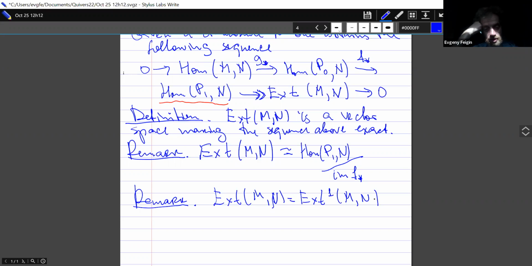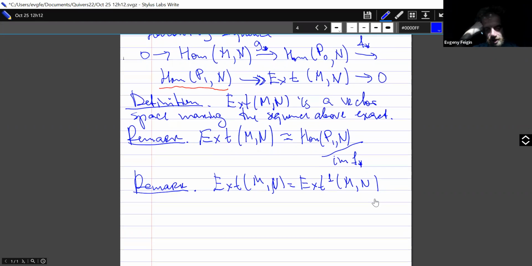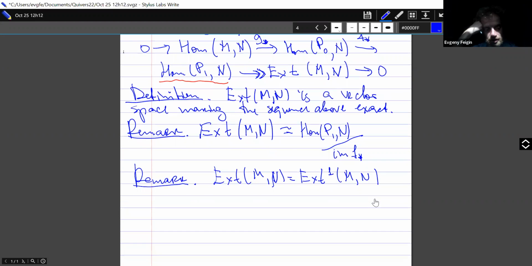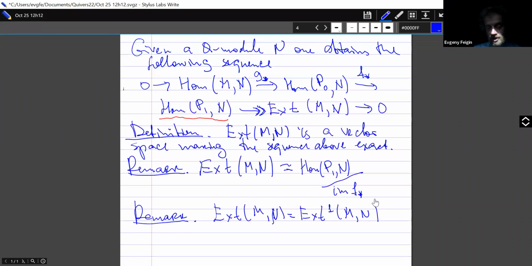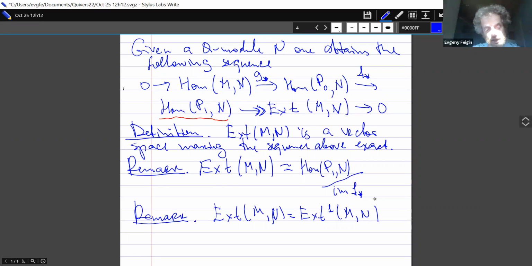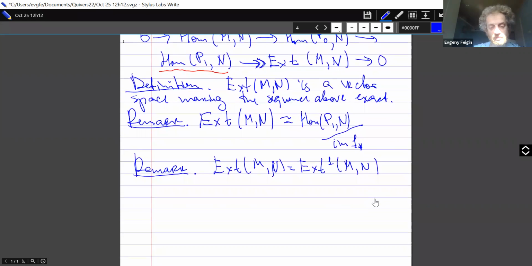No higher Ext exists in quiver representation theory, so sometimes Ext^1 is written just as Ext. Okay, so this is the first definition, and in principle it allows one to compute the Ext space if we have the explicit form of the projective representations. Now let us formulate the conceptual definition.